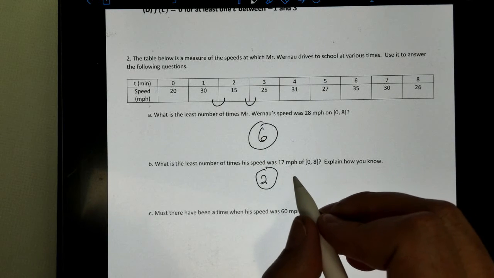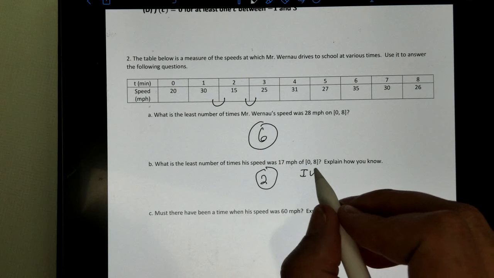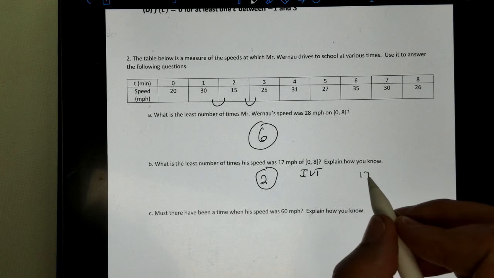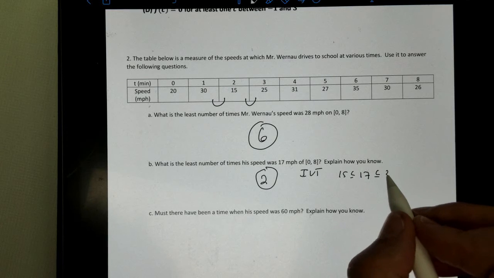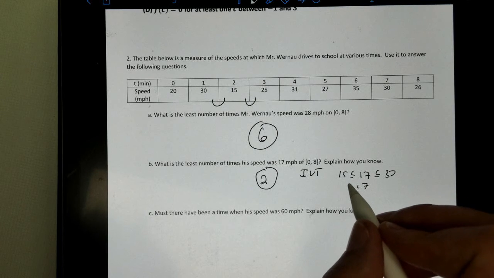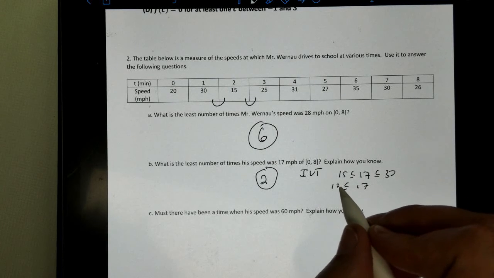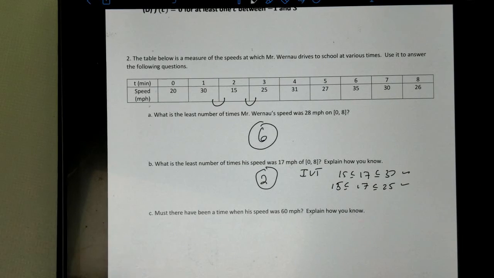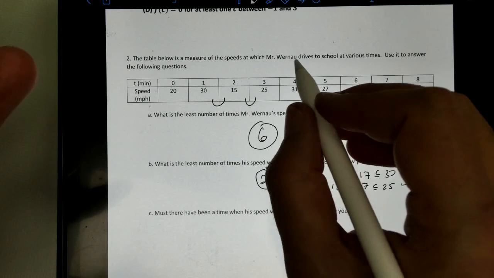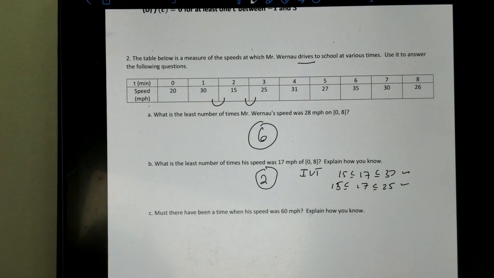Now explain how we know. Well, this is the IVT. 17 is between 15 and 30, and 17 is also between 15 and 25. So I can use that. And this is going to be a continuous function. When you're driving, it's a continuous function.